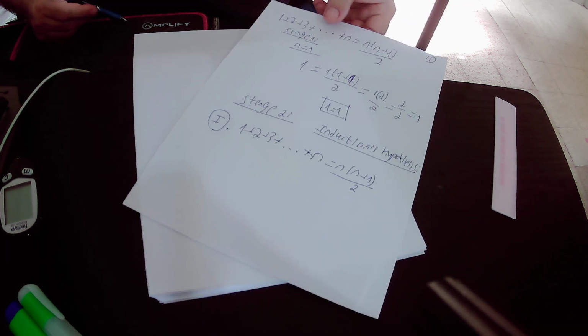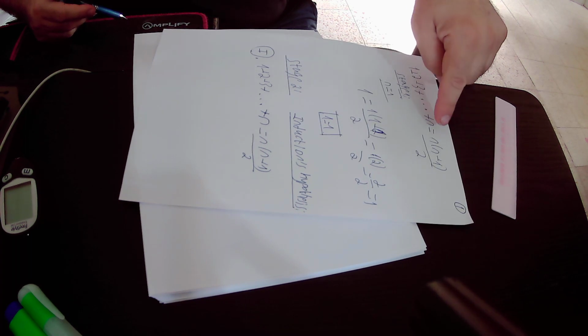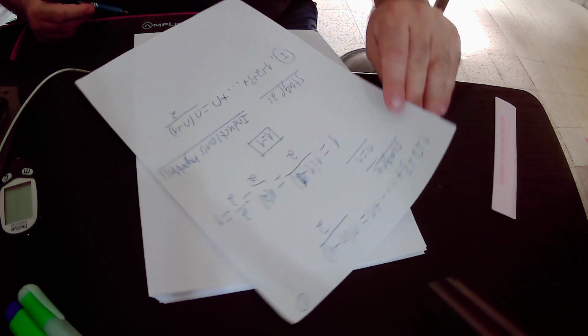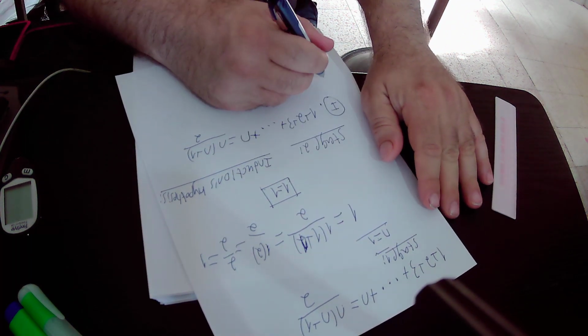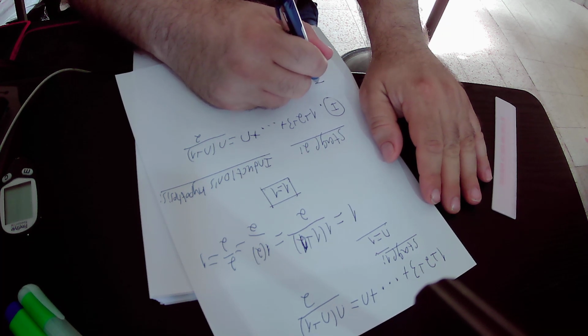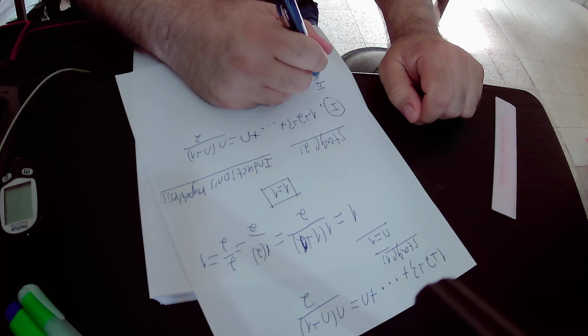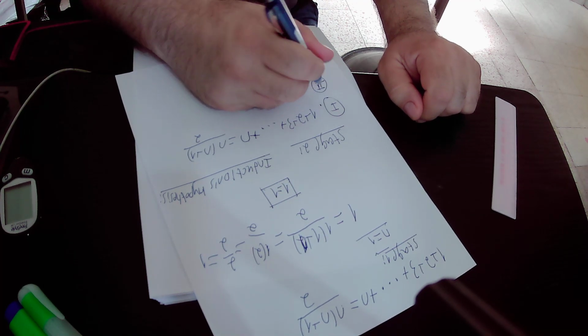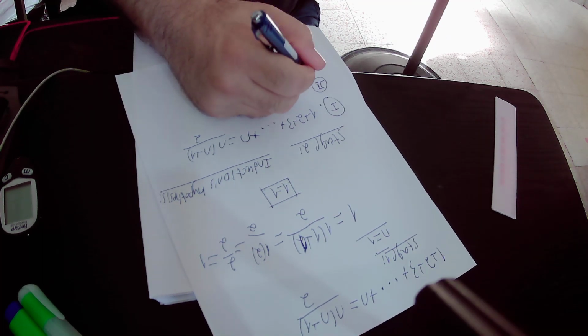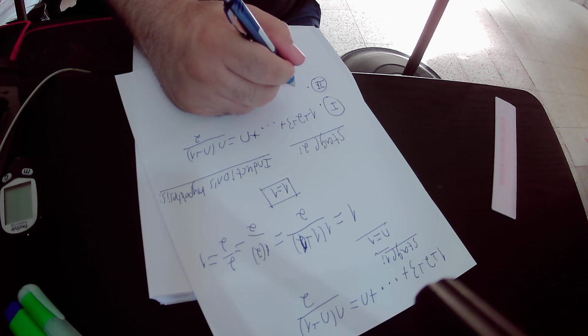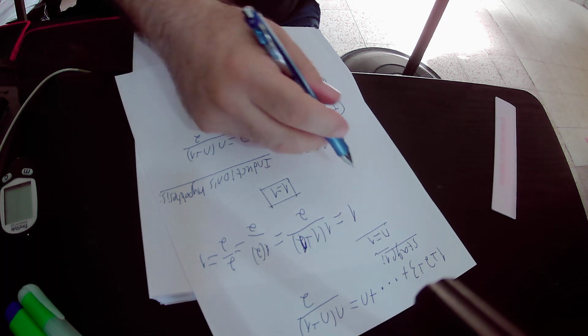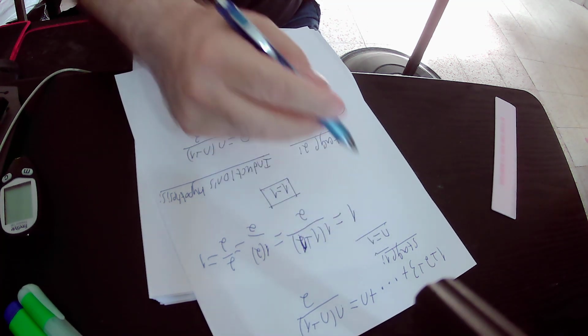So this is our assumption, that the statement is true for n, and we will rely on this assumption in order to prove that this statement is true also for n plus 1. So we will create now the statement for n plus 1, and we will prove that this statement is true for n plus 1.